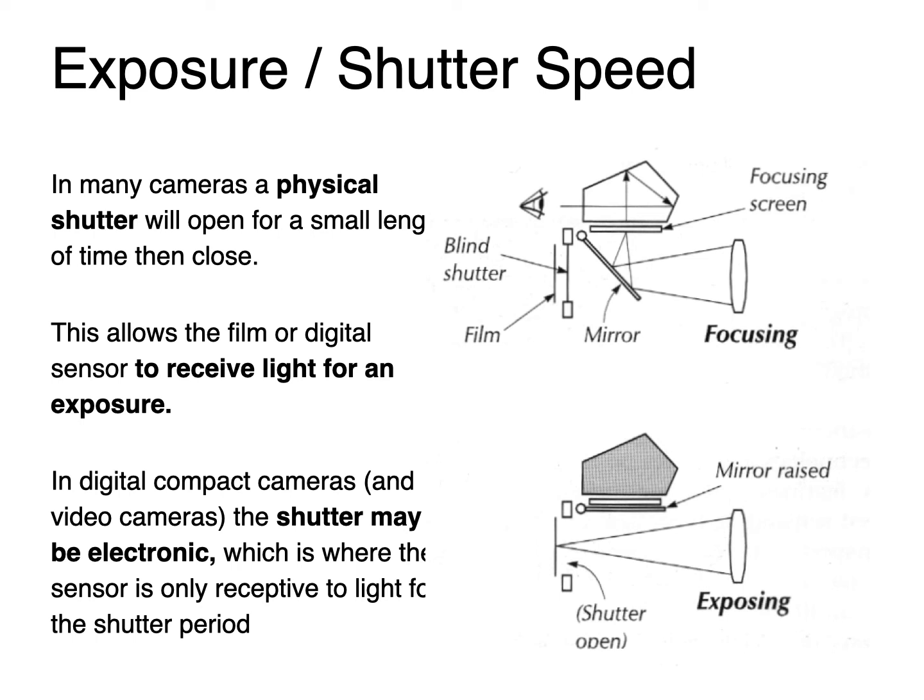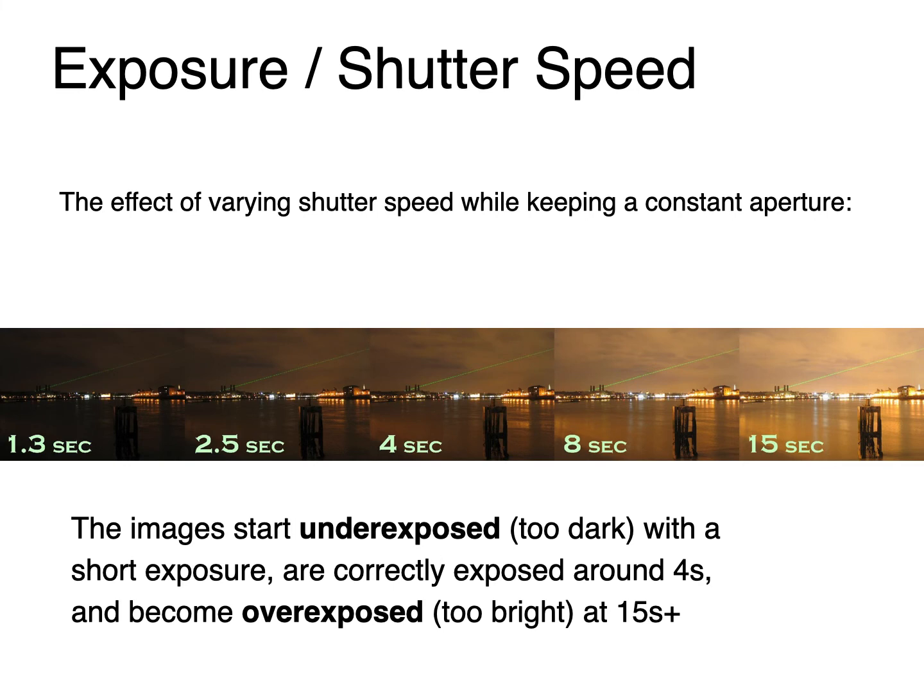You see, the mirror will get raised, the shutter will be open, and the shutter opening will also decide the effect of the picture. So the effect of varying shutter speed is seen with a constant aperture. See, in the images the shutter opens for 1.3 second, and in the next pictures 2.5 second, 4 second, 8 second.